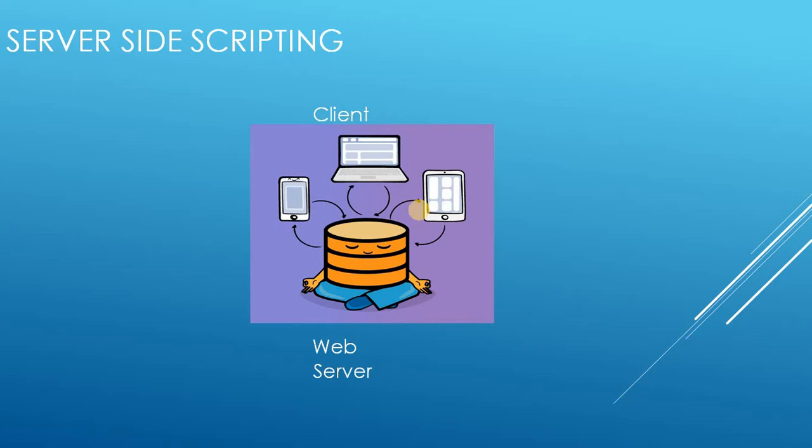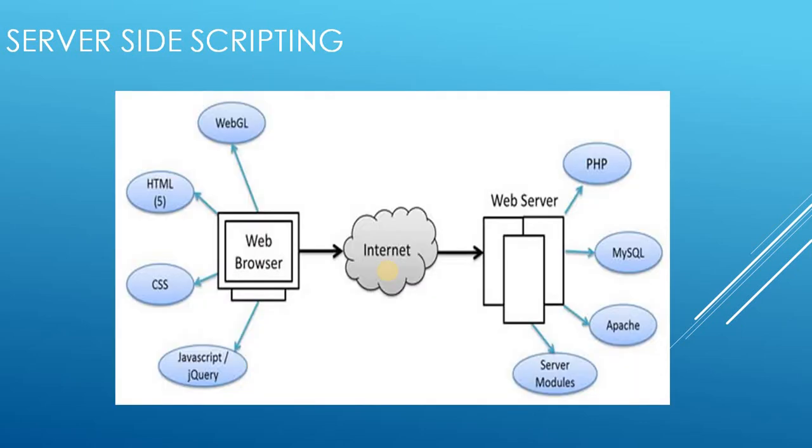Now when we are talking about this, the web server should have one of the scripting languages, and we are going to say that it is going to have PHP. Right, so let us see one more diagram related to this. Now this is our web browser.